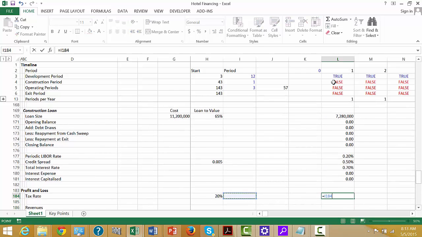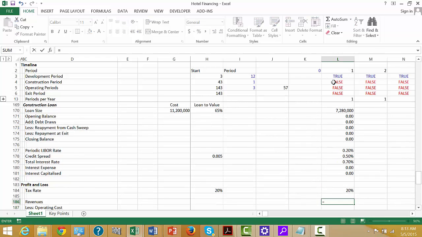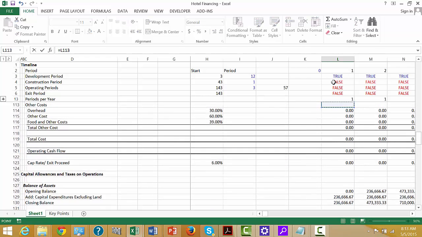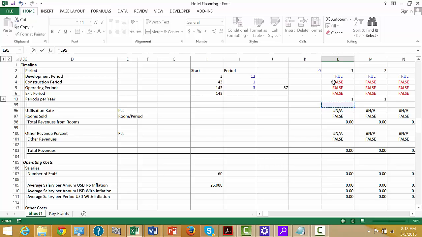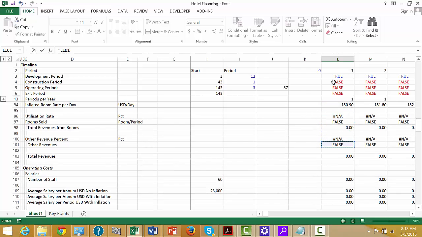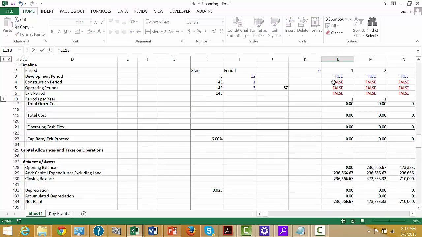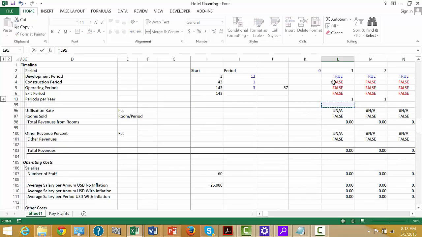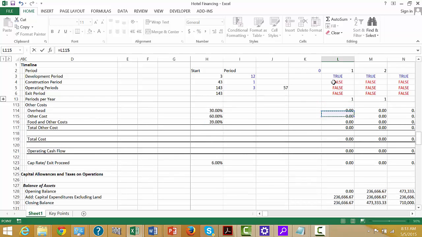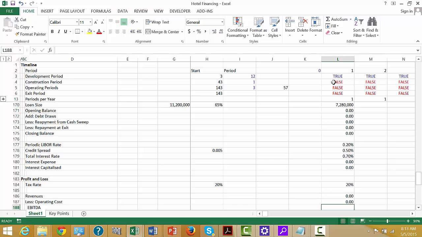Tax rate, we'll just press F4. Okay, revenues, now go up and get the revenues. And we get them from here. Okay, and then we can get the operating cost from here. And we get the EBITDA as the difference.